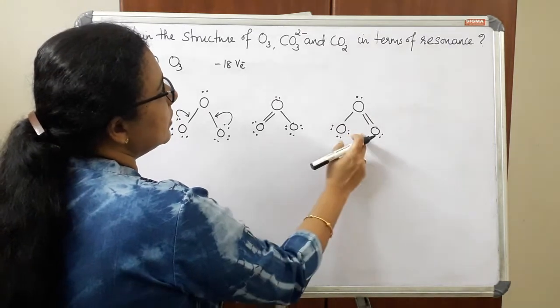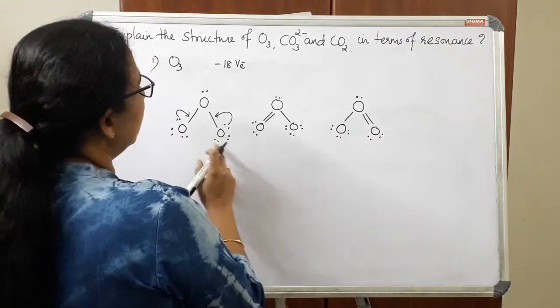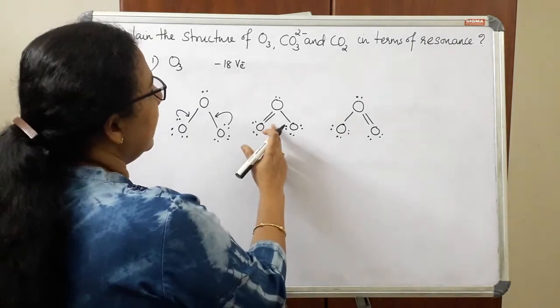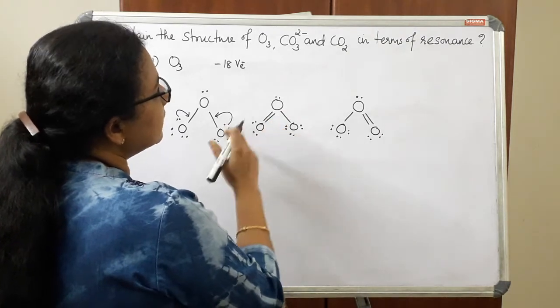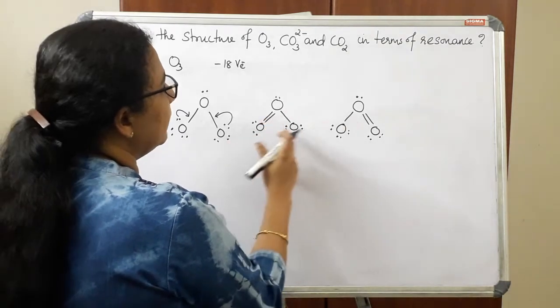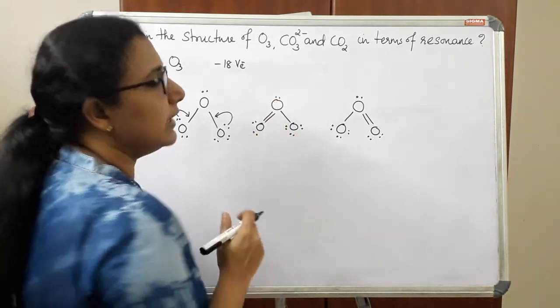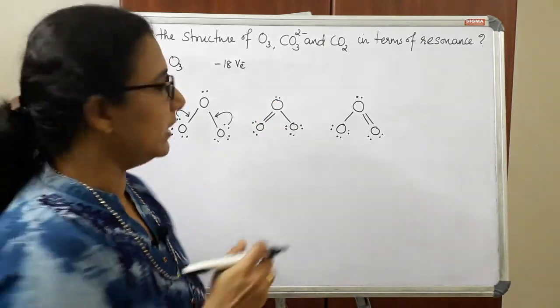So these two structures are possible for the same molecule, but we have arranged the electrons in a different way. The position of atoms is the same, but the arrangement of electrons is different.